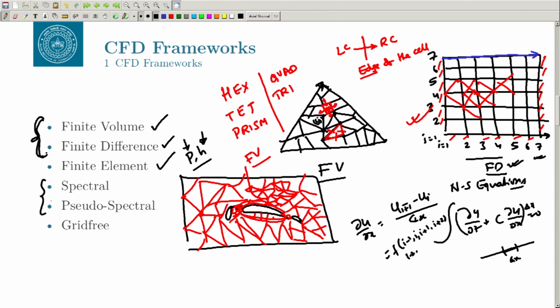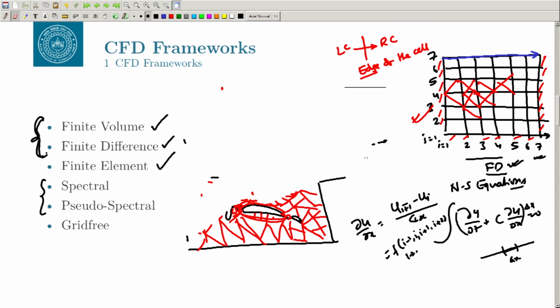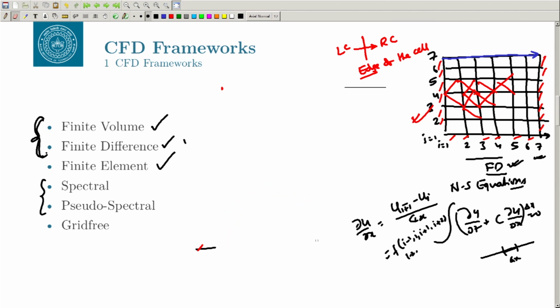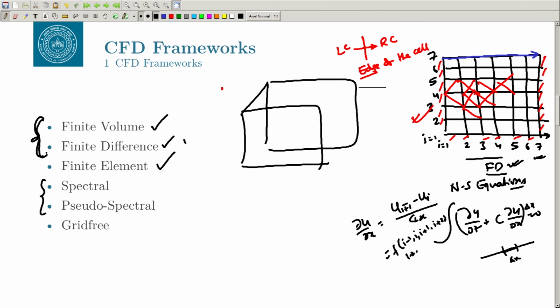So, for example, let us say you want to solve turbulence in a box. What do I mean by turbulence in a box? This is a box, and you put some disturbance in the beginning, it may be a sinusoidal vortex or anything that you want, and then you put in the Navier-Stokes equation.